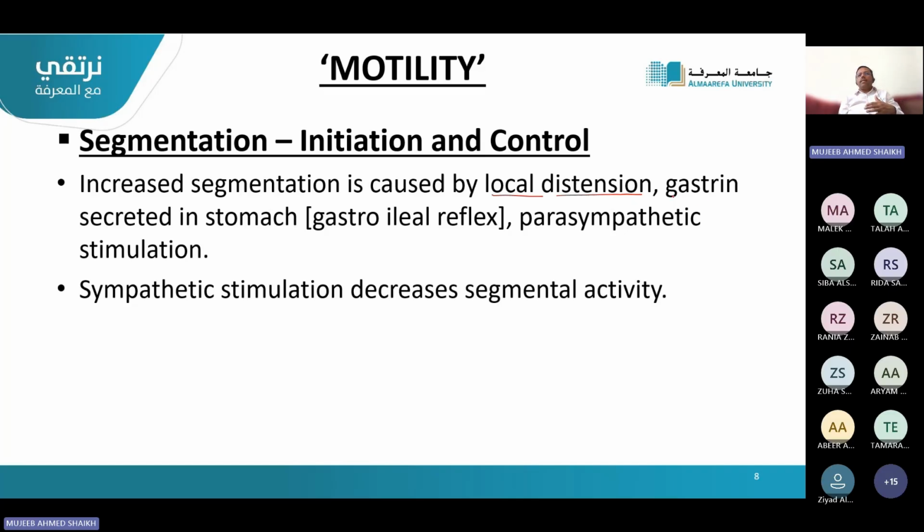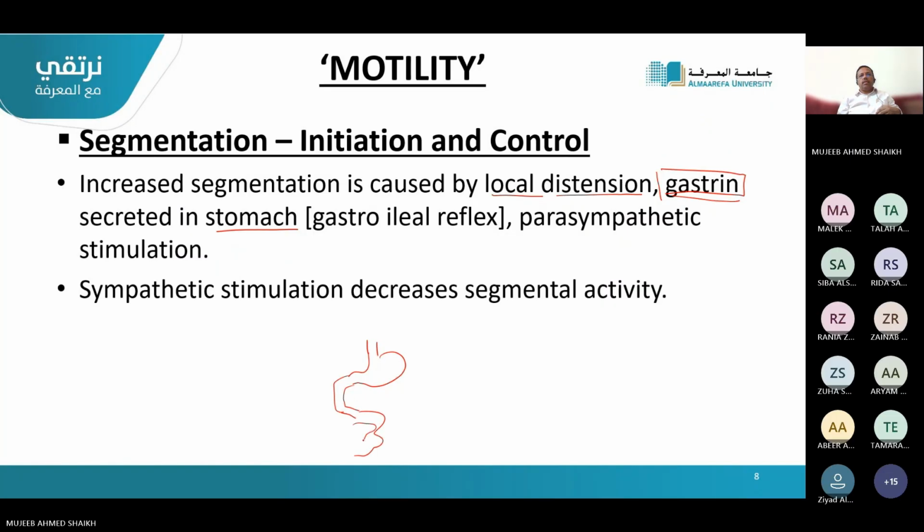There is another mechanism, through gastrin, a GI hormone secreted by the stomach. Even though the food did not enter the small intestine, let's say here is the stomach and here is the duodenum and the jejunum.